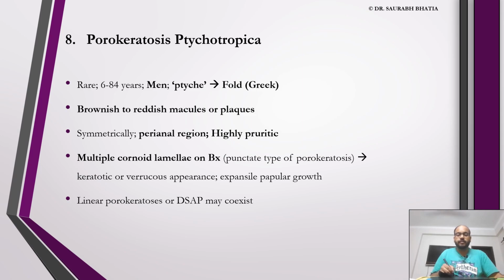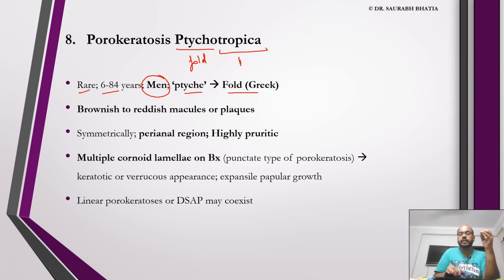Now, the eighth variant is Porokeratosis Ptychotropica. It's a rare disorder, occurs as wide as 6 to 84 years, mostly involving the males, and the word comes from ptyche, which means fold in Greek. Okay, so ptycho means fold, and tropica means movement.